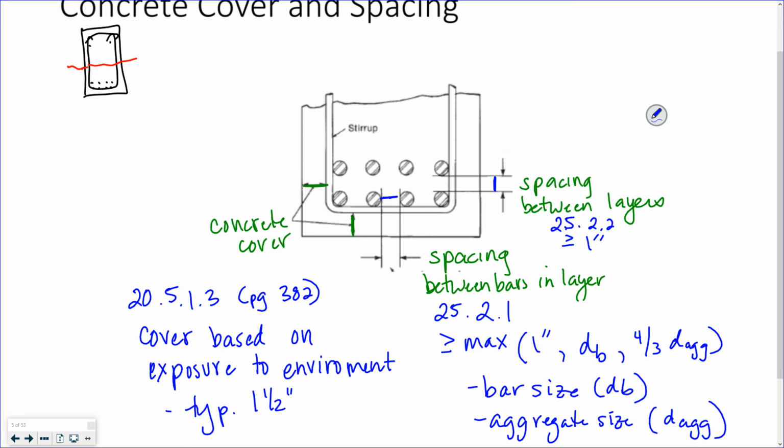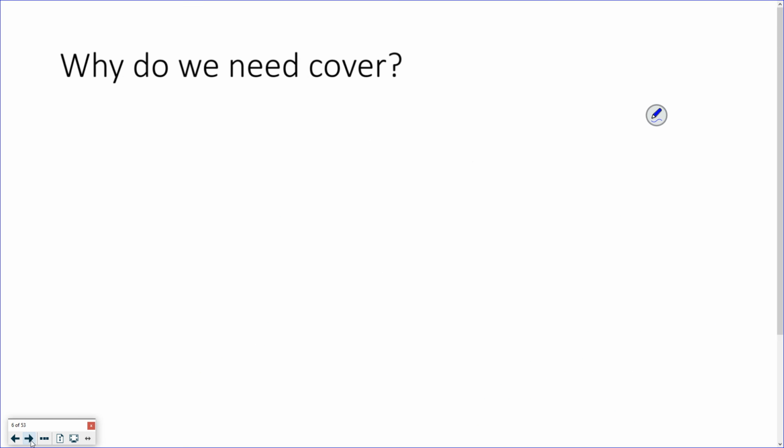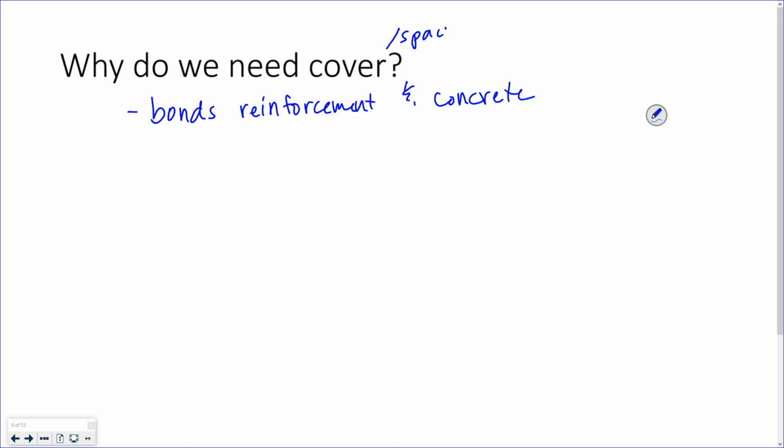So, why do we need cover? I just said one. It bonds the reinforcement and the concrete. Cover slash spacing, right?